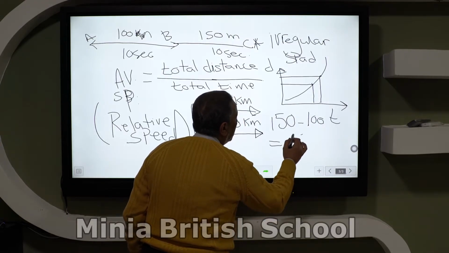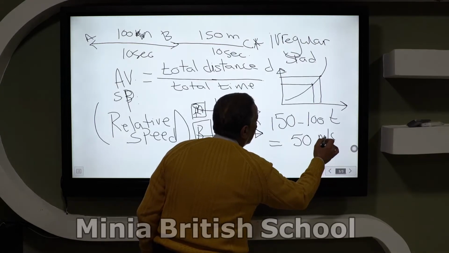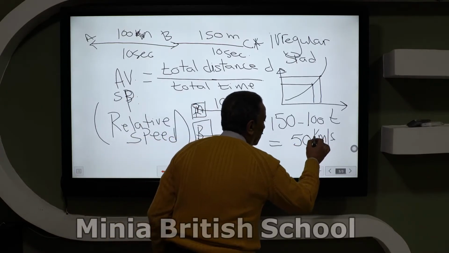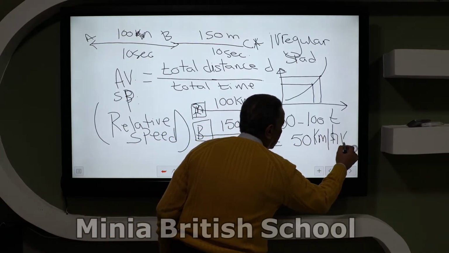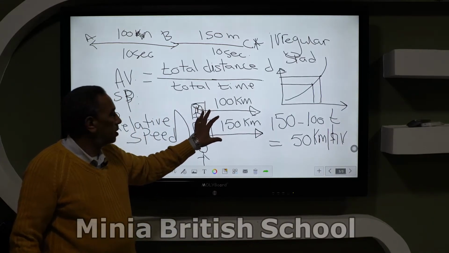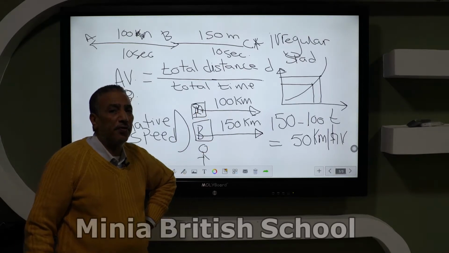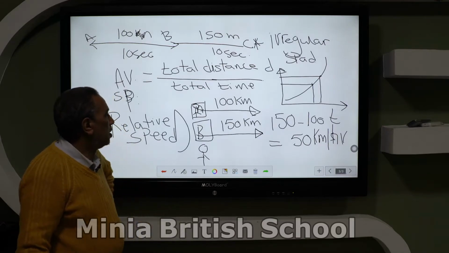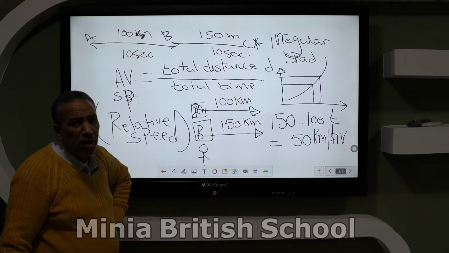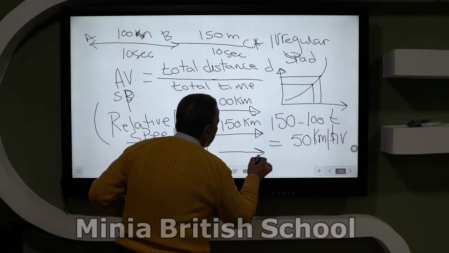That means he will see the second car moving with 50 meters per second or kilometers per hour, whatever unit you have. So if two objects are moving in the same direction and the observer is in the first car, the slower one, the relative speed will be the subtraction between the two speeds.